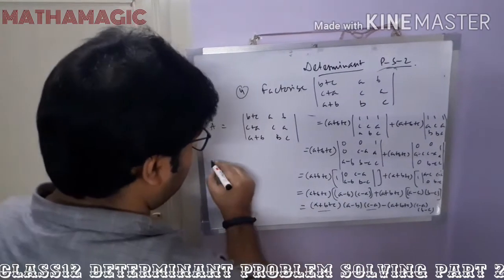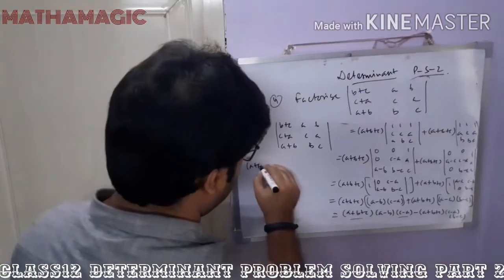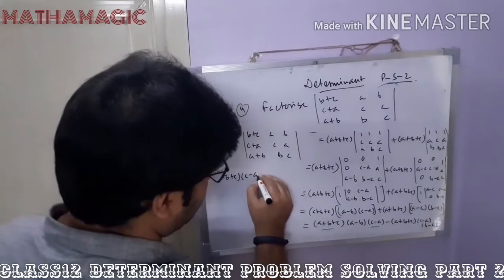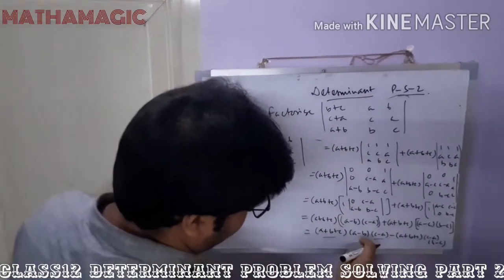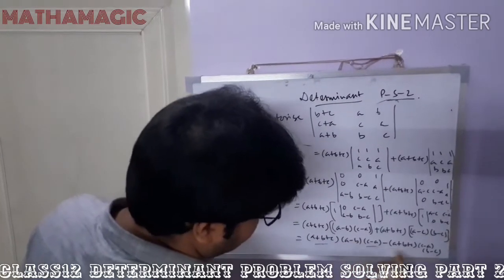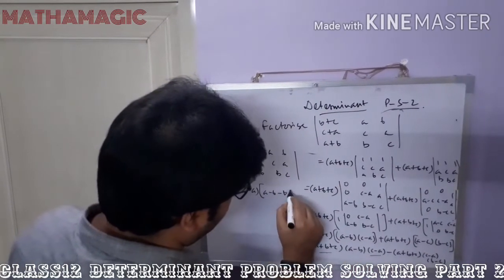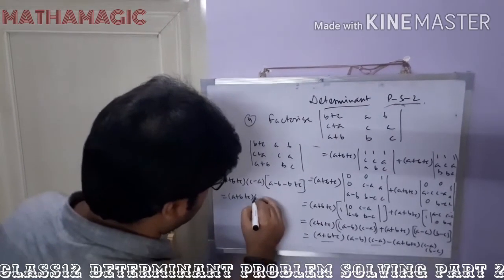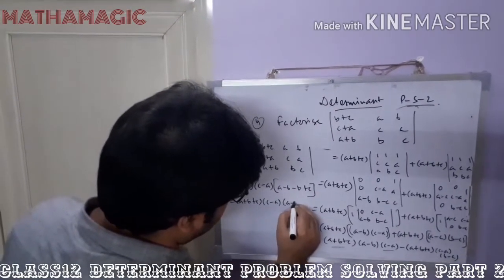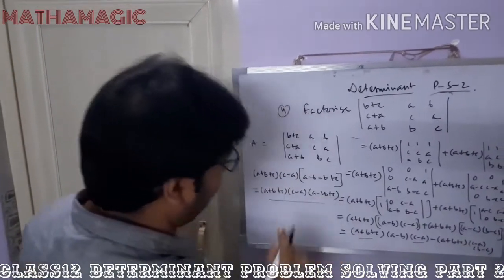So we can take this term out of this. So a plus b plus c into c minus a, if we take common, then the remaining part which remains here, that is a minus b minus b plus c. So it will become a plus b, c minus a minus 2b plus c. So this is the factorized format.